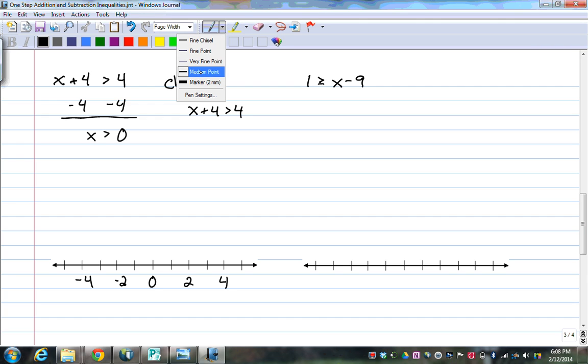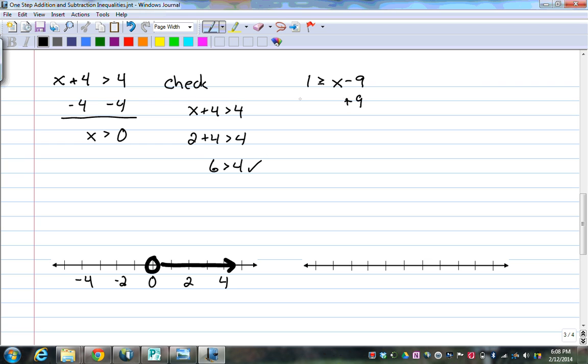Let me do my graph real quick when I'm thinking about it. So it's going to be open, and it's going to point to the right. And I need something that is larger than 0. So I'll put 2 in there. 2 plus 4 should be greater than 4. 6 is greater than 4, and it works. Doing the math in my head and it's coming out my mouth. Sorry. All right, next one.